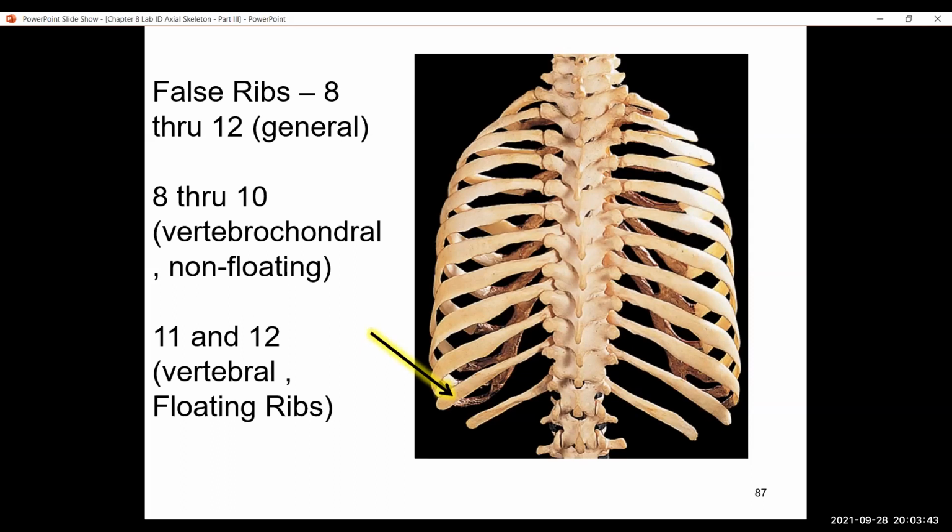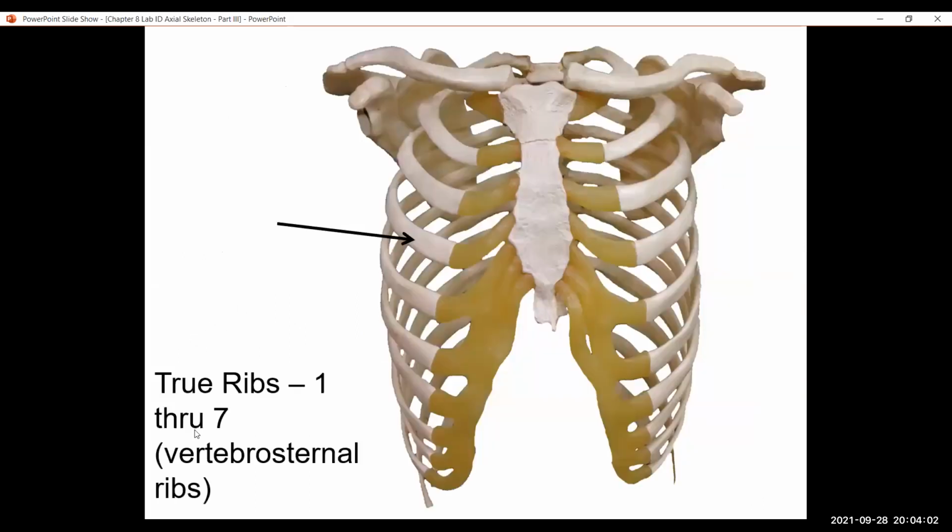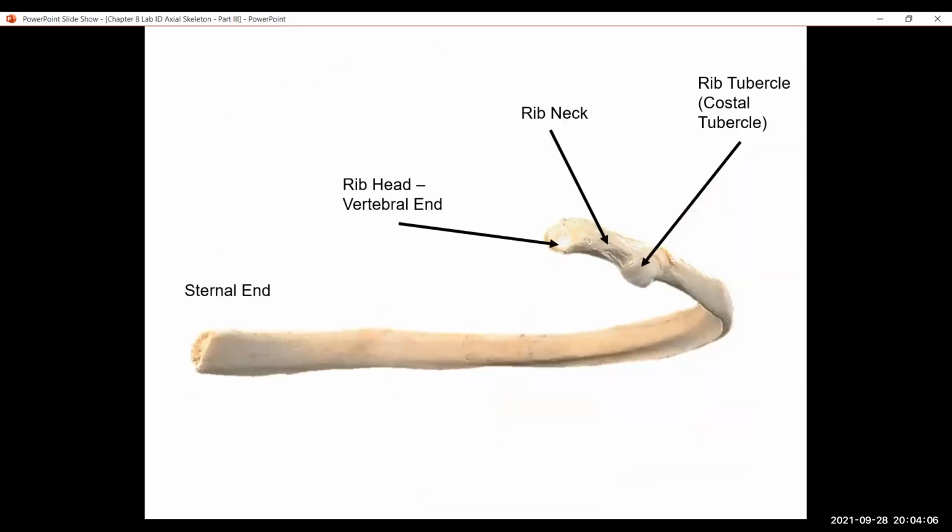That means they attach to the vertebra, but they attach to nothing else. They do not attach onto the sternum. So we can call those either vertebral ribs or floating ribs. Know these names: vertebral chondral, vertebral floating ribs, and vertebral sternal. Sometimes there'll be a question on that.